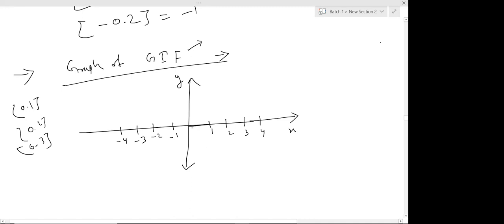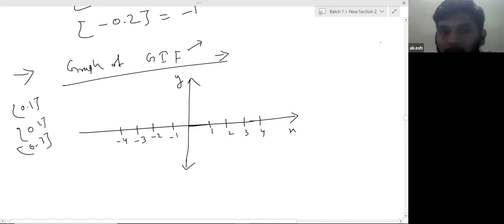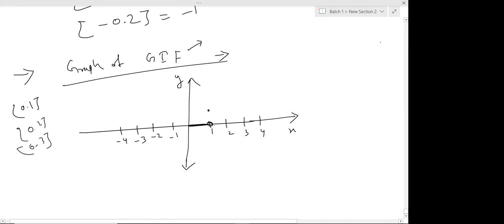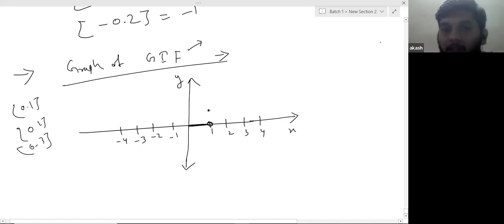So all these numbers will have 0, but at 1, the value will become 1. There will be an open circle on 1. From 1 to 2, the function will have value 1, but not at 2.